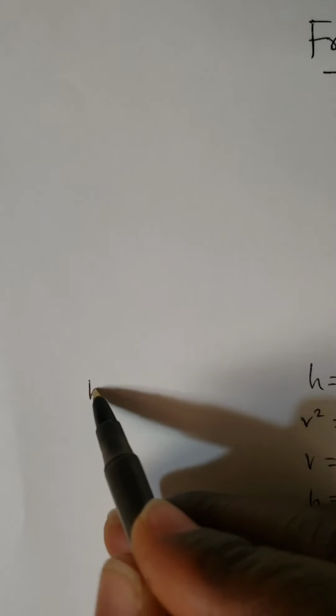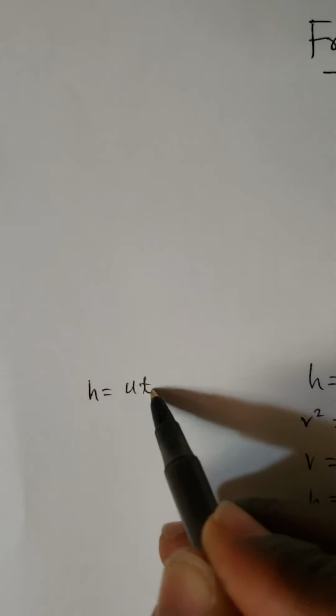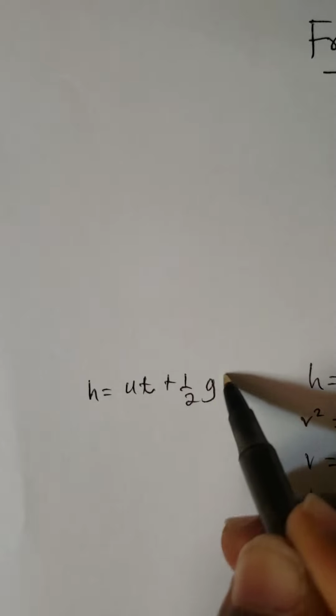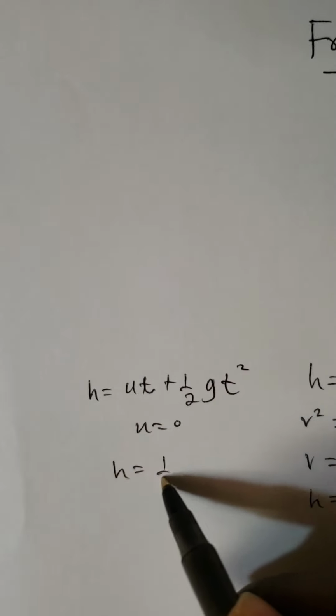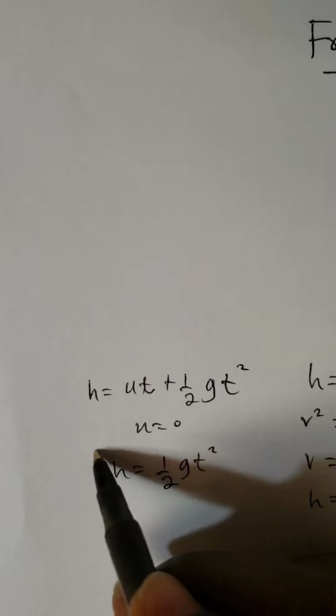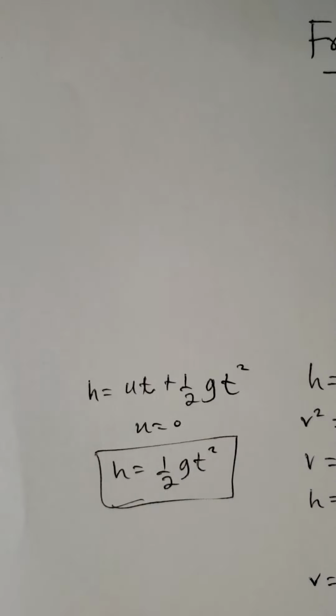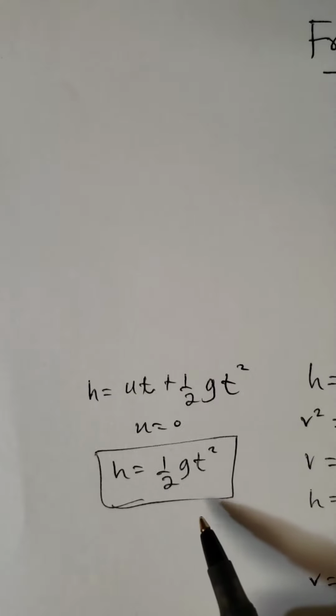In finding h, we see here that h is equal to ut plus half gt squared. Now u is 0 here, so our h will be half gt squared. So with this we can calculate the distance, that's the height, if t is given.